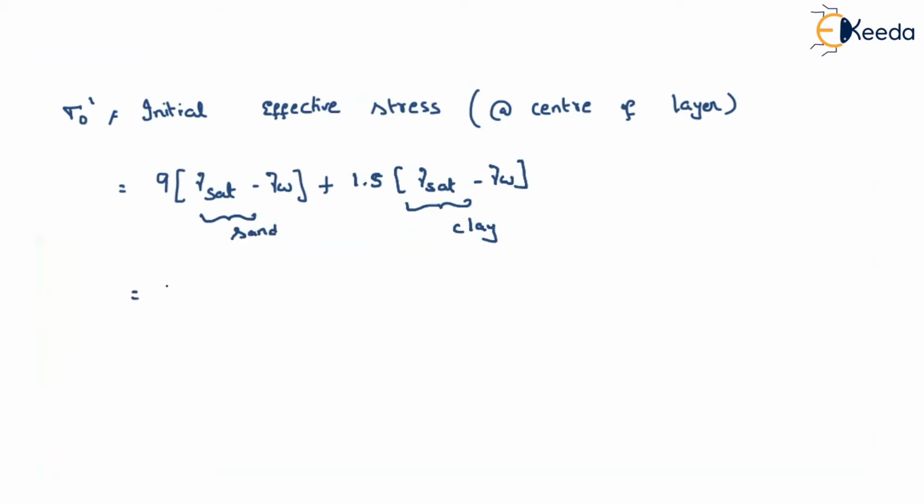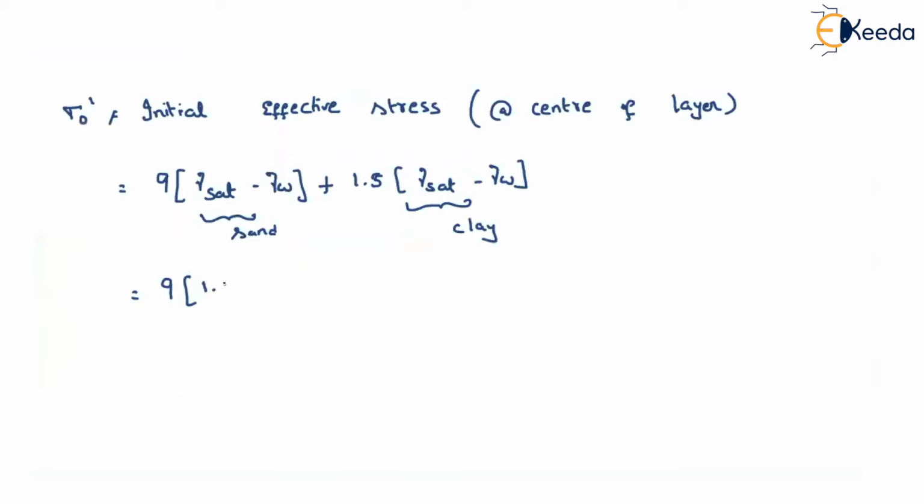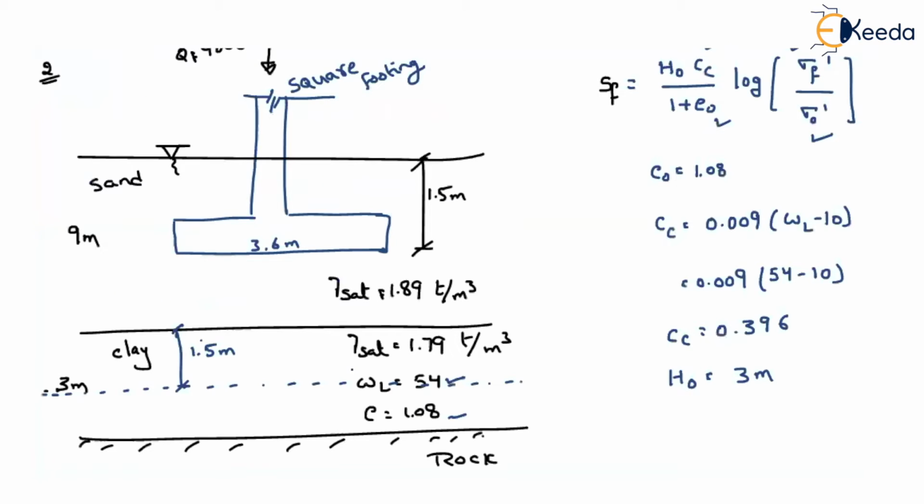So substitute the values, that is nothing but 9 into, what about for sand? For sand it is given as 1.89. Just remember these values. 1.89. Here we are getting ton per meter cube. So what about the weight density of water in terms of ton per meter cube? That is nothing but 1, plus 1.5 into, for clay layer, what is the gamma sat? 1.79.